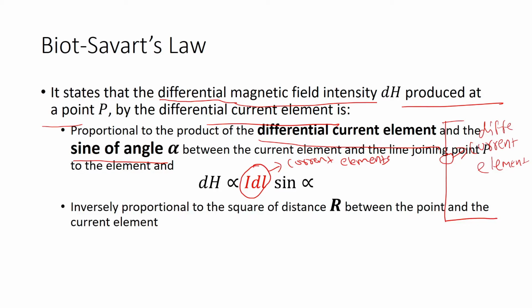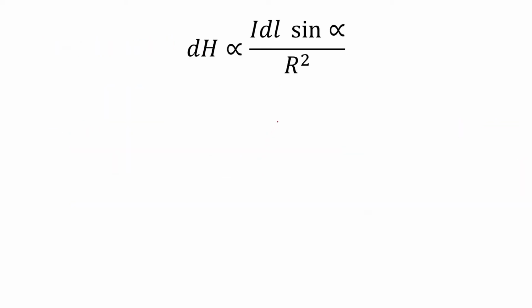I have already told you that the magnetic field intensity strength decreases when we are moving away from the conductor, and the order of decrease is square. So it is inversely proportional to the square of the distance between the point and the current element. So dH is proportional to 1 by r square. So together I can write that dH is proportional to Idl sine alpha by r square.